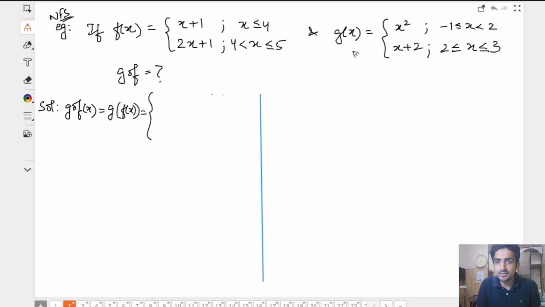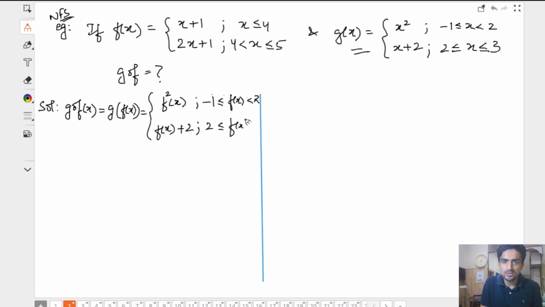I have to put it in g. Sorry. It is f square x when it is like this, and it is f(x) plus 2 when it is like this. So this is the first step, very basic. We just kept f(x) in place of x.